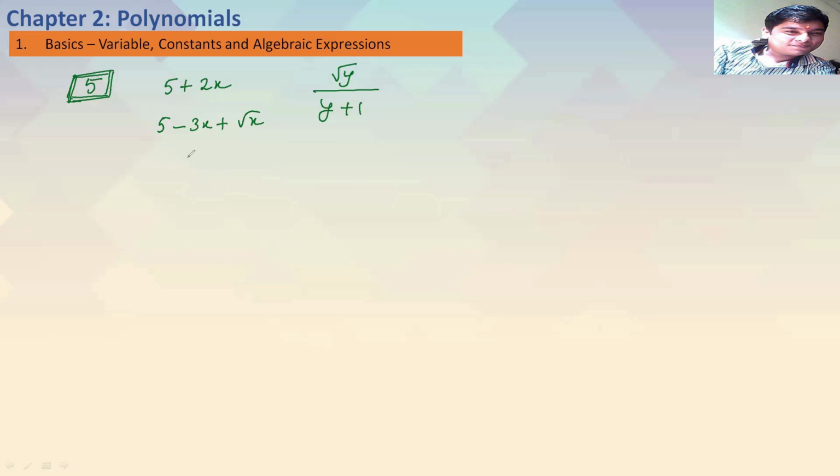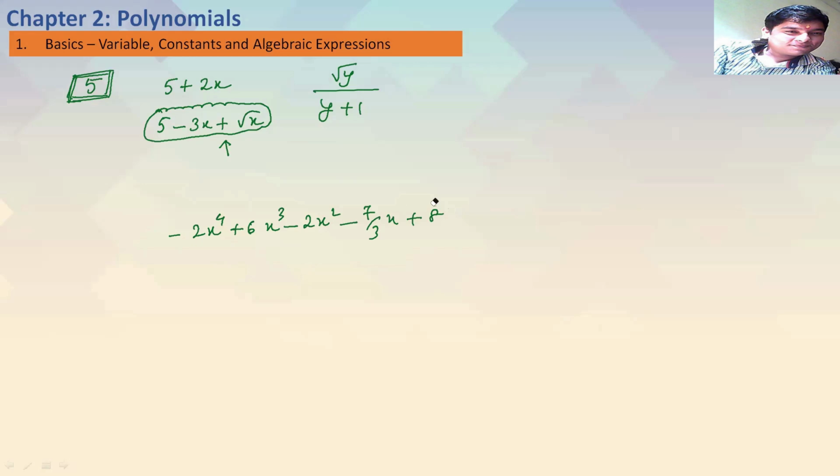So the space between words is the addition in mathematical algebraic expressions. For instance, let me write one: 3 minus 2x power 4 plus 6x cube minus 2x squared minus 7 by 3x plus 8.